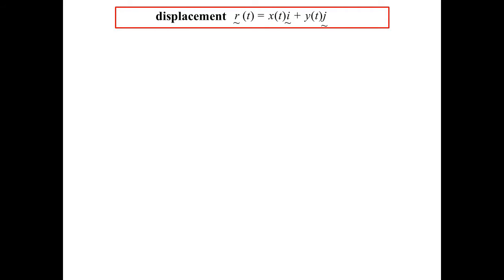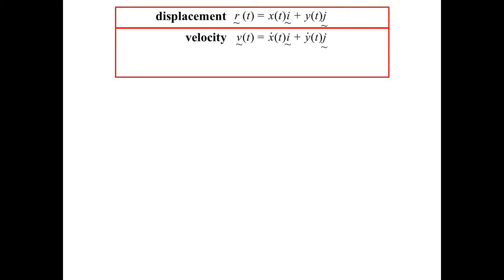So displacement. That was my vector r, but I said it was some function, but I could always break it up into a horizontal component and a vertical component. They will both be functions of time as well. Velocity was when we differentiate displacement. So we will differentiate both components of our displacement vector.